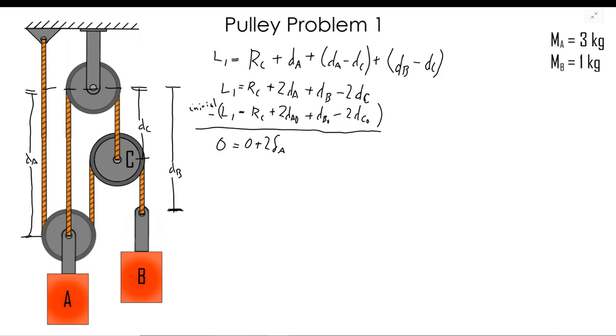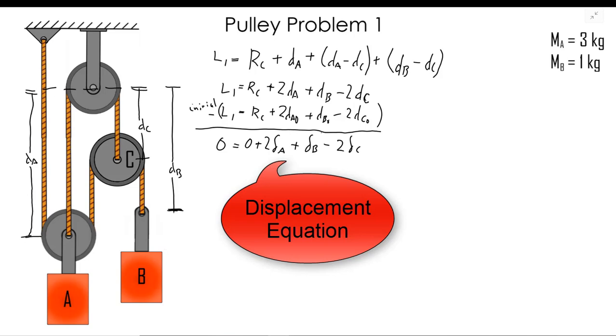Final minus initial gives you your delta, your change. It's just going to be dA minus dA naught. And then we're going to get the same thing here, so we get delta B, and then minus 2 delta C. So that's one of our first equations.